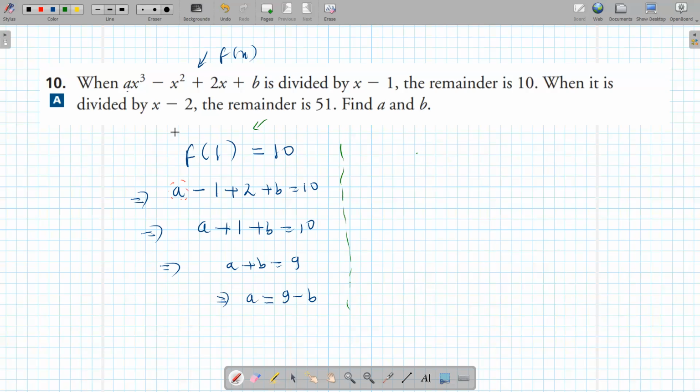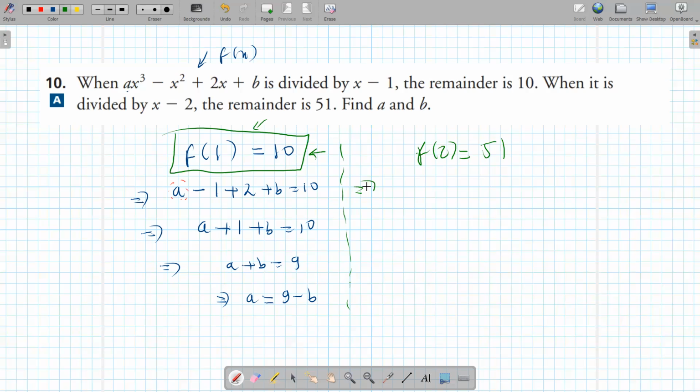It's pretty much the same thing as we did here. Something will be equal to something. Just follow this pattern. It's going to look very similar to this. f of 2 is 51. Exactly. Do you understand that? Because that is the remainder theorem. When you plug the k value into the function, you get 51 as a remainder.